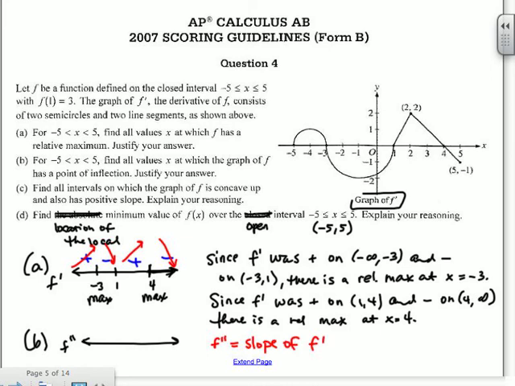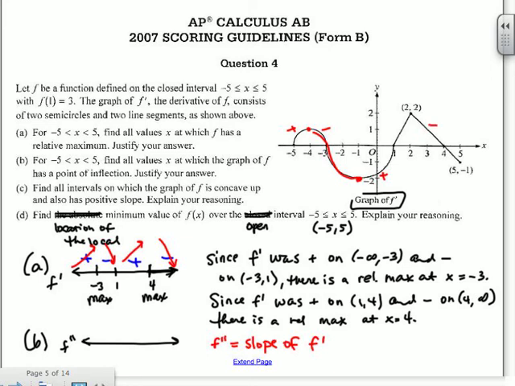So my slope is positive, and then it's negative, so it's going down all the way to here, and then it's positive, still positive, then it's a negative slope from there on.